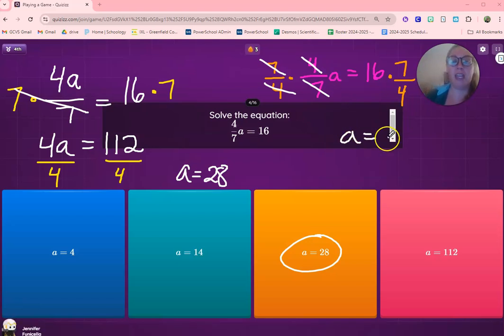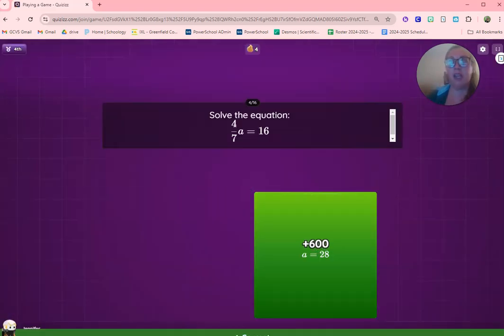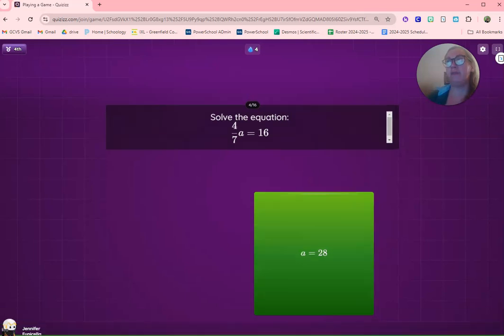And then we have a equals 16 times 7 is 112, divided by 4 gets us 28. So that's another way we can think of fractions. I like doing it the first way and just seeing that I have some multiplication and then division. Okay, I'm going to clear this board, select my answer, and we'll take a look at the next one.